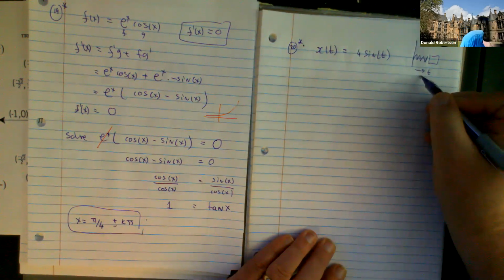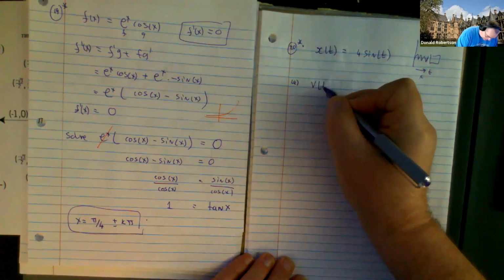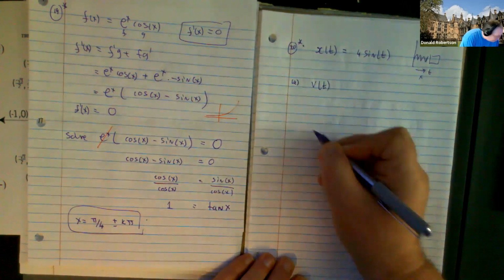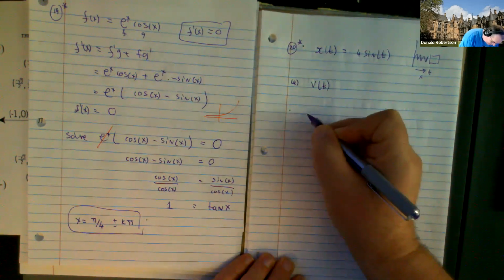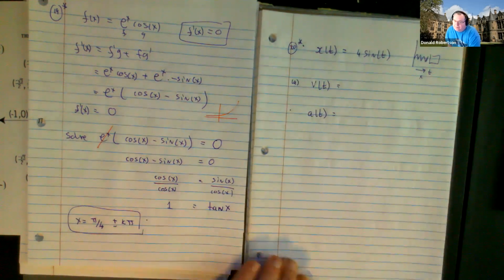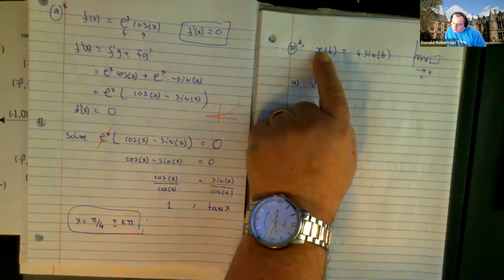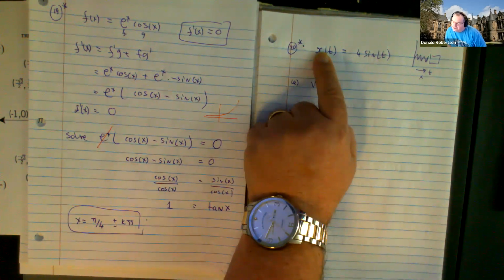And we are being asked to find the velocity of that spring at t and the acceleration. So that's the position function. Normally, don't we call that s of t, but in this case, it's called x of t.